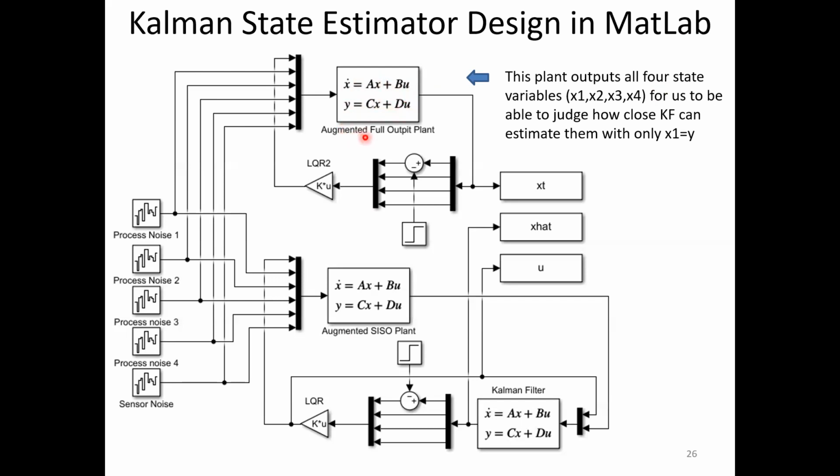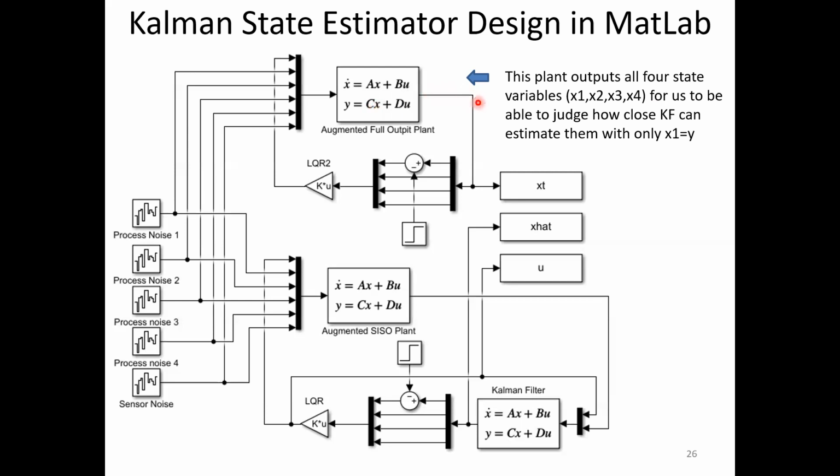This is the augmented full output plant. This plant gives you all four outputs because the C is a 4x4 identity matrix. So it produces all four state variables. In fact, we are dealing with a fourth order system, four state variables.